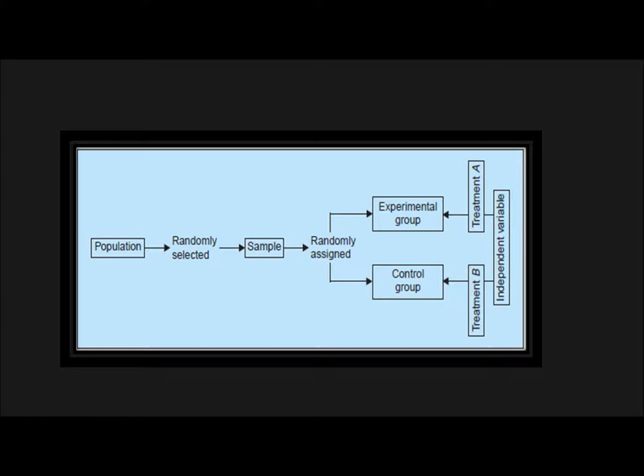Once you have those two groups, you can put treatment to one or the other. The control group usually does not receive a treatment, and you're going to put the treatment to see how it's going to affect your independent variable.